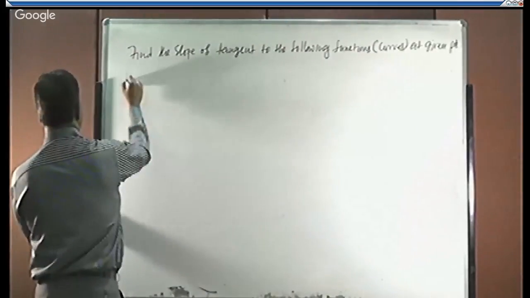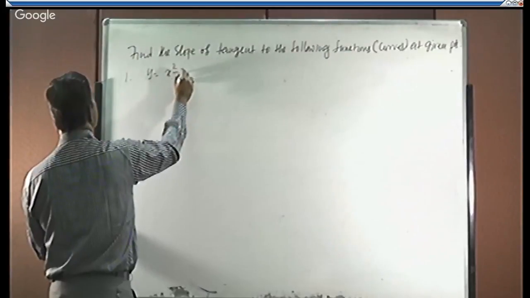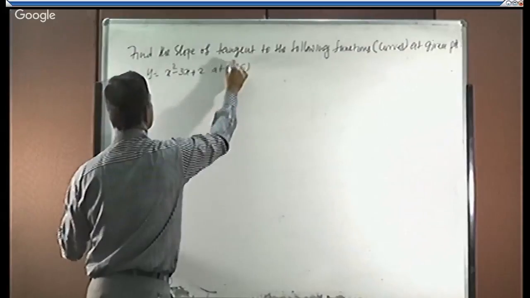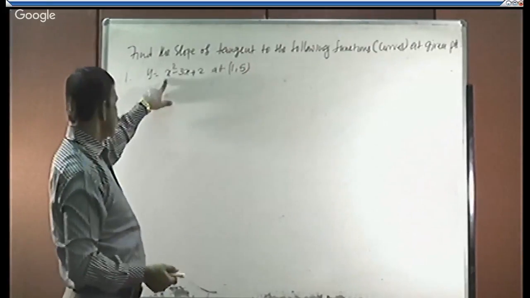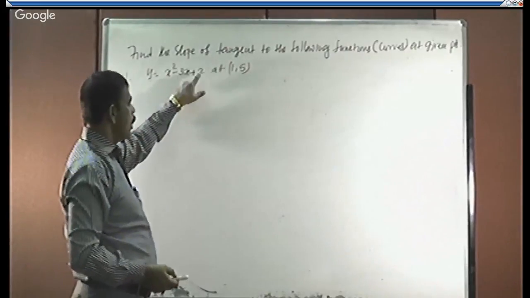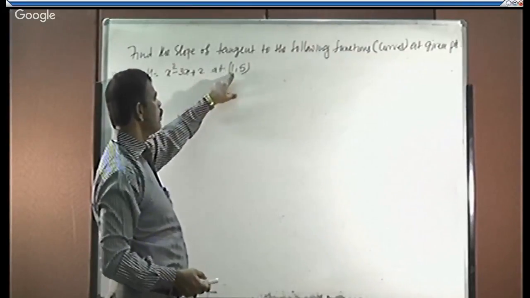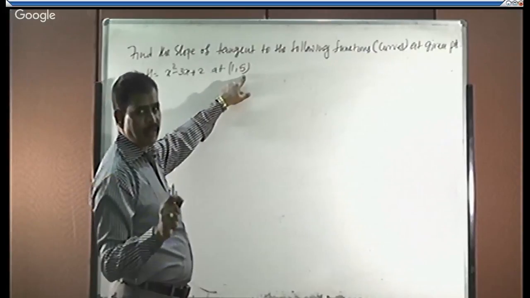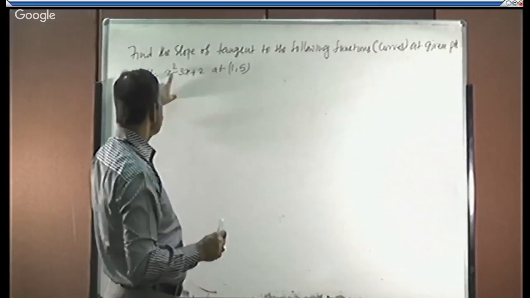Number 1, y is equal to x square minus 3x plus 2 at 1, 5. Here, which is the curve? X square minus 3x plus 2 is the curve, and the point on the curve is 1, 5. We need the slope of the tangent passing through this point on this curve.